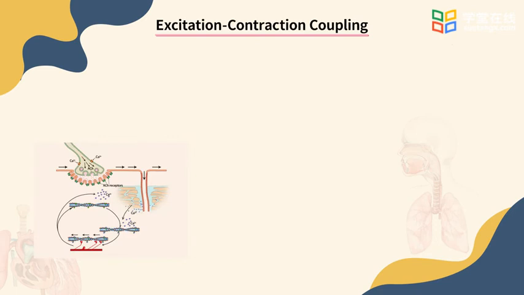Binding of ACh to its receptor results in the depolarization of the sarcolemma. The T-tubules then bring depolarization to the interior of the muscle cell. Depolarization stimulates the release of calcium ions from the sarcoplasmic reticulum.